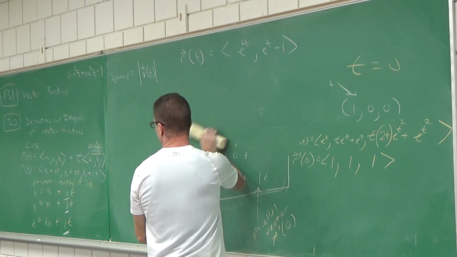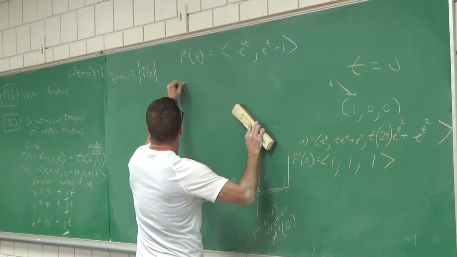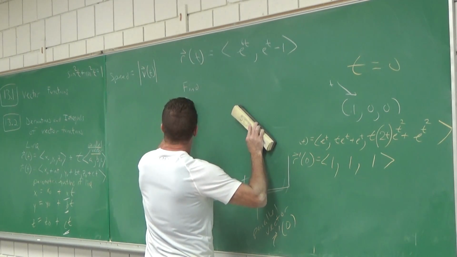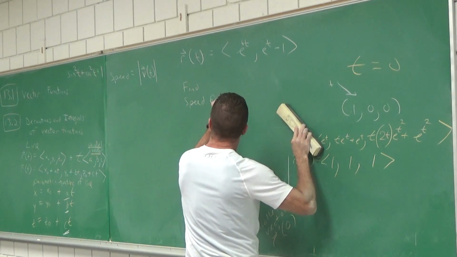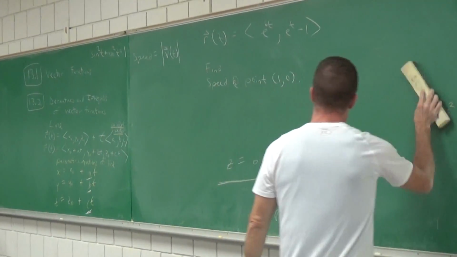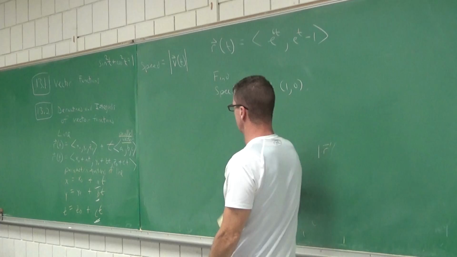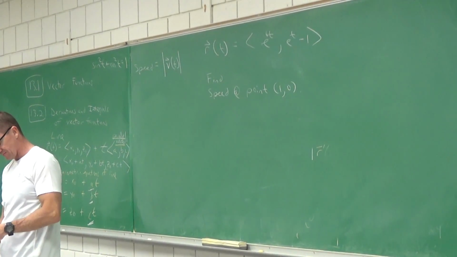Can you find the speed at the point 1, 0? Okay? Speed is what? Magnitude of the velocity vector.